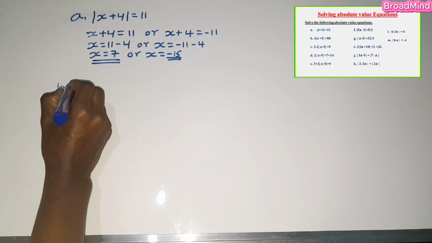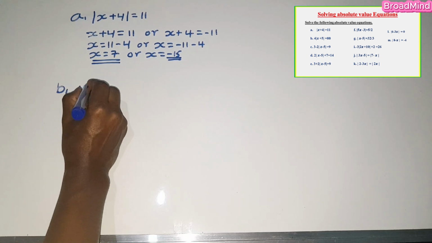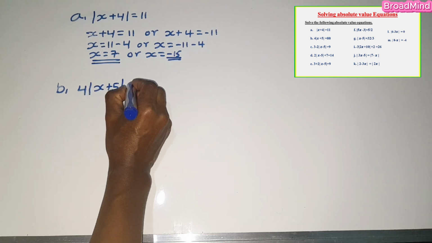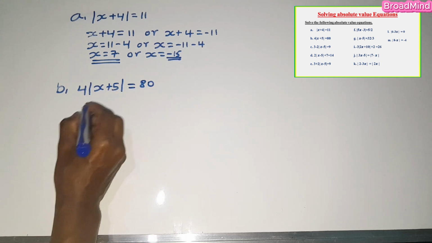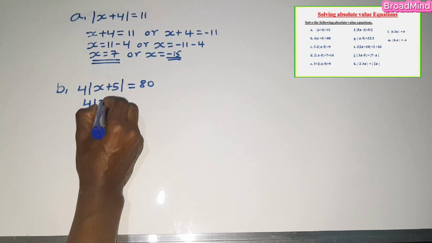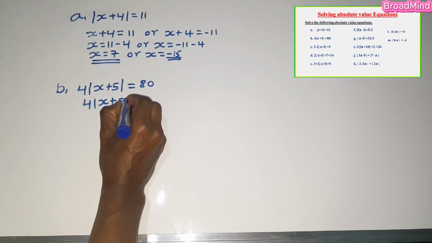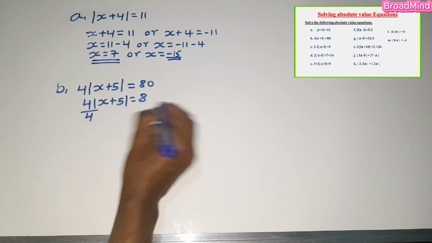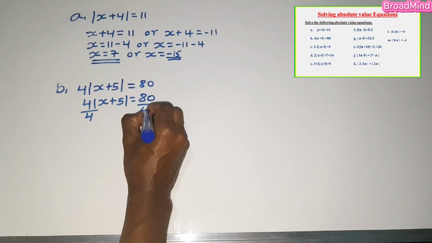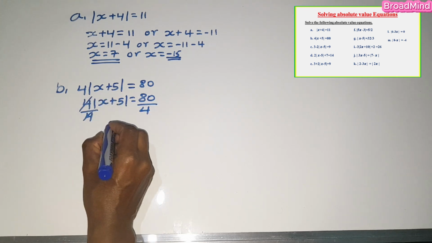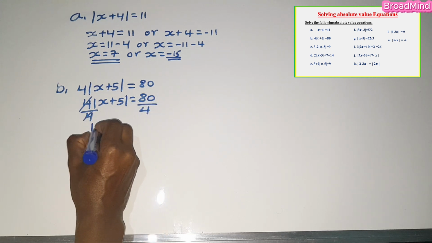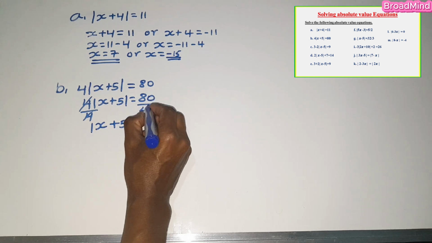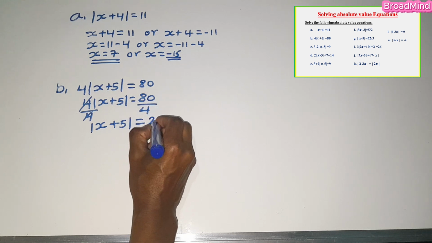Now B. For 4 times absolute value of x plus 5 is equal to 80. Now both sides divided by 4, 4 cancelled by 4. Now absolute value of x plus 5 is equal to 20.